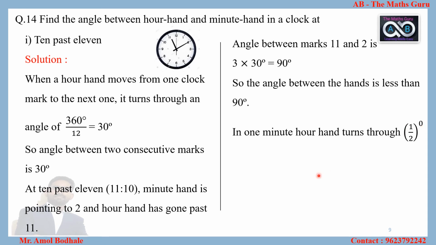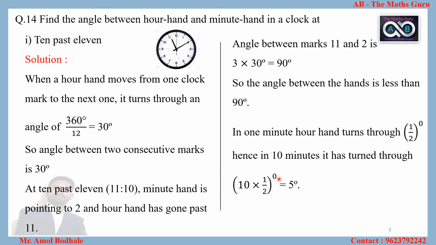For 60 minutes it turns through 30 degrees, that means in 1 minute it turns through half a degree. So in 10 minutes it has turned through 10 into 1 by 2 degrees, which is equal to 5 degrees. That means in 10 minutes the hour hand turns through 5 degrees, and the angle must be less than 90, that is 90 minus 5. Thus the angle between the hands is equal to 90 degrees minus 5 degrees, which is equal to 85 degrees.